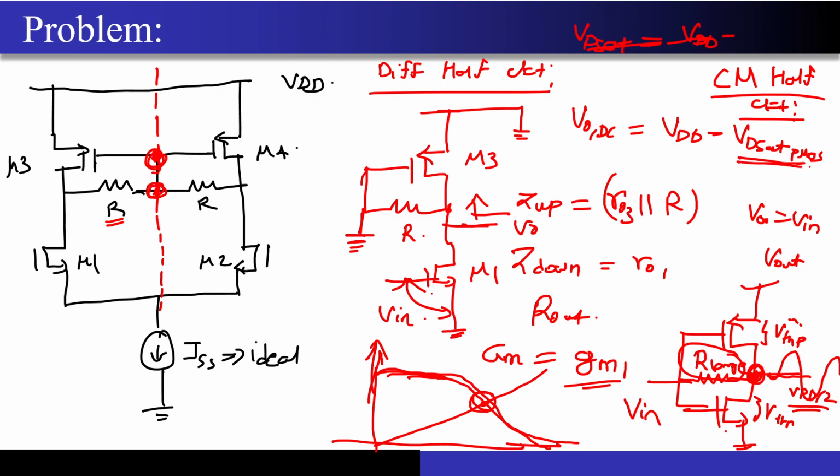Can the overdrive, the VDSAT of the PMOS, vary with PVT, the process, voltage and temperature variations? Can VDSAT vary? Yes, because this contains a term, the threshold voltage. If I talk about the PMOS, it is VSG minus mod VTP. The threshold voltage easily varies with the PVT. Now that is what I was talking about, the poor biasing of the output DC point.